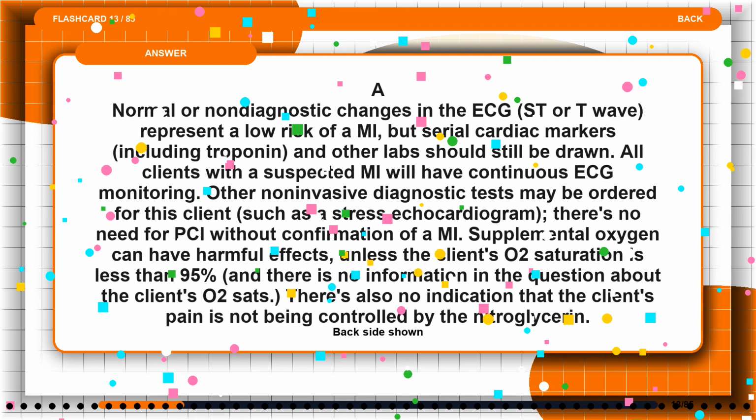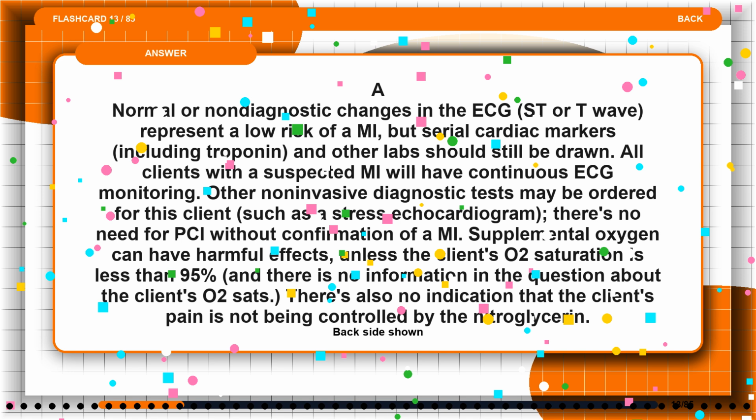The answer is A. Normal or non-diagnostic changes in the ECG ST or T wave represent a low risk of MI, but serial cardiac markers including troponin and other labs should still be drawn. All clients with a suspected MI will have continuous ECG monitoring. Other non-invasive diagnostic tests may be ordered for this client, such as a stress echocardiogram.